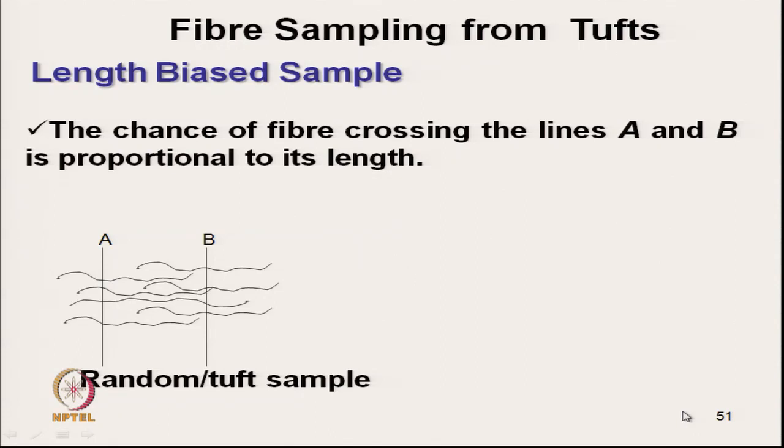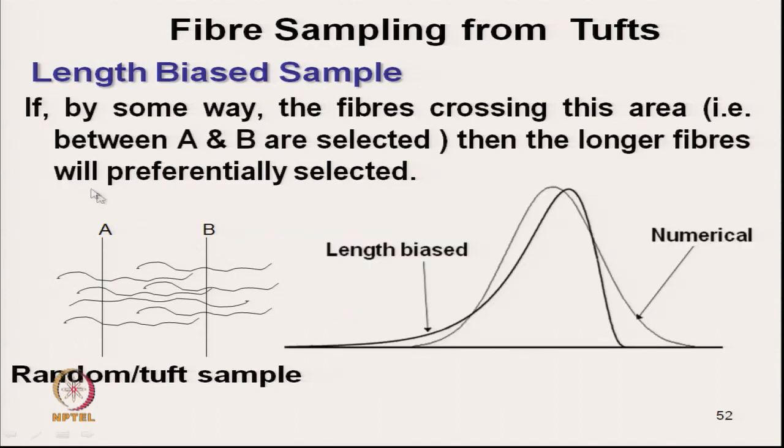Now, how to get this length bias sample? The chance of fibers crossing the line AB is higher for longer fibers; the probability of crossing this line will be more. So, if by some way we can select the fibers crossing this AB area, then the longer fibers will preferably be selected.